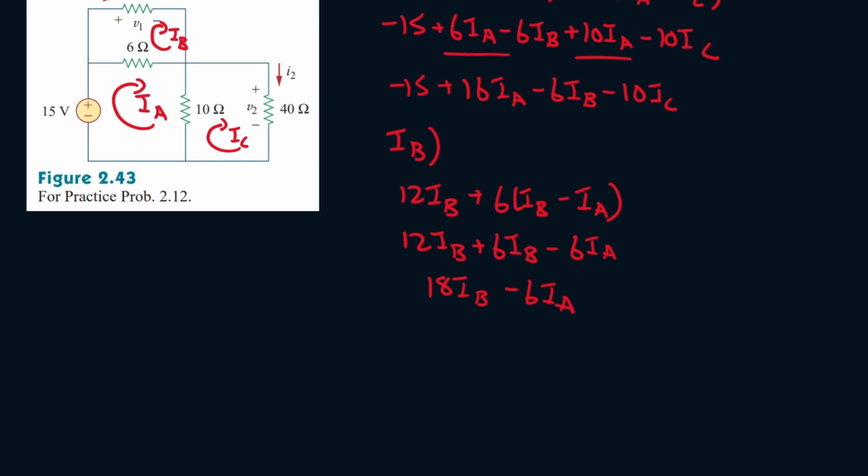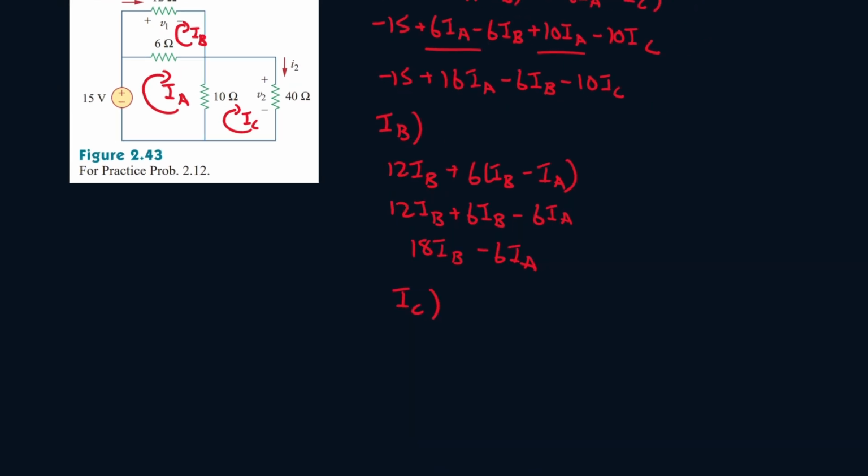Now let's do IC. So IC, it'll be 10 (IC minus IA) plus 40 IC.